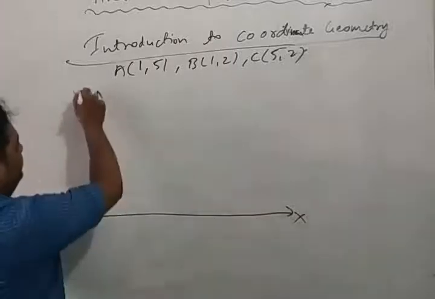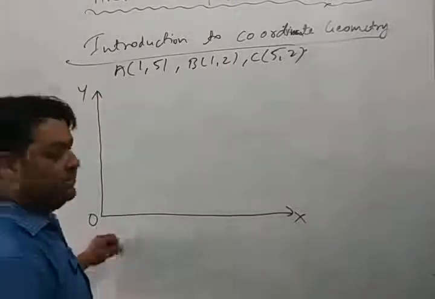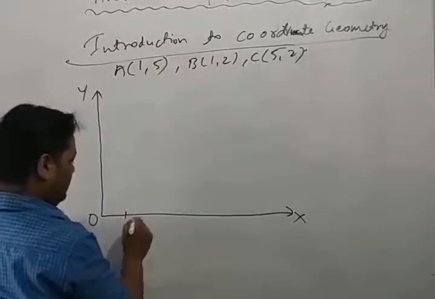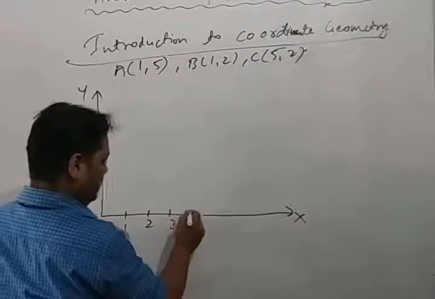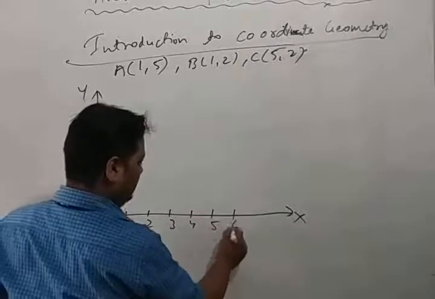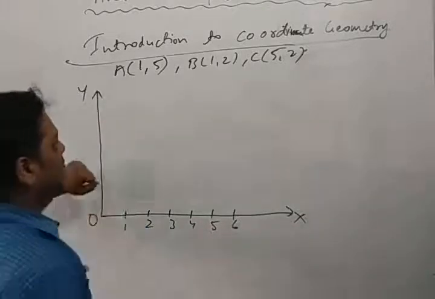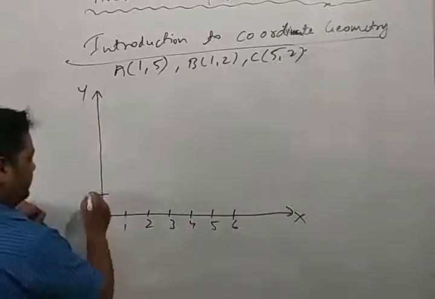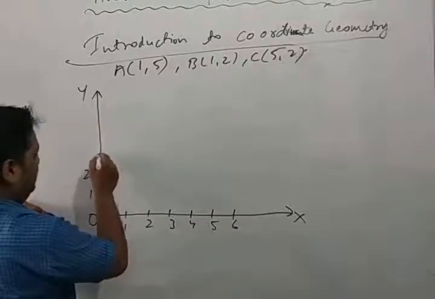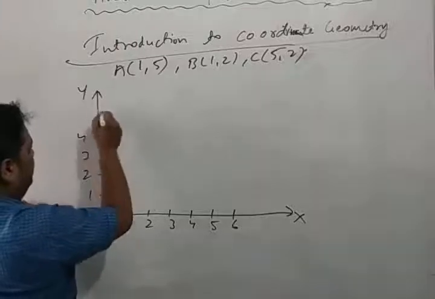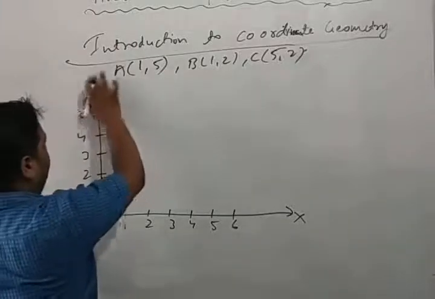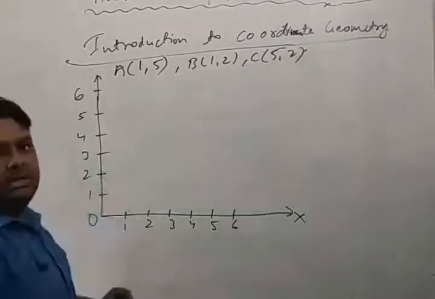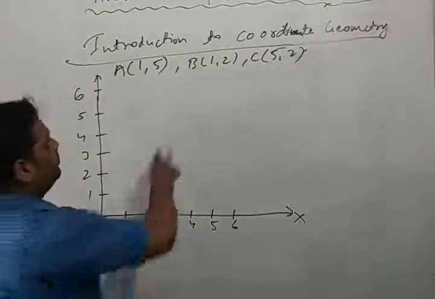X, 0, y is the origin. Then on x we will go up to 6: 1, 2, 3, 4, 5 and 6. Now for the y-axis, 5 and 2, again we will go up to 6: 1, 2, 3, 4, 5 and then 6.